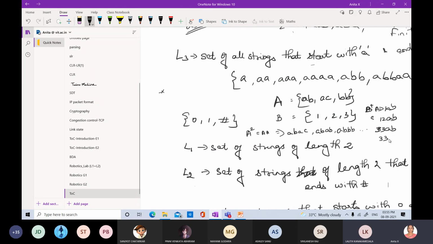No, ma'am. No, it is not possible because it should end with A. Similarly, this is also not possible because I can have only one combination of A. And this is also not possible because I should have at least one string from B.